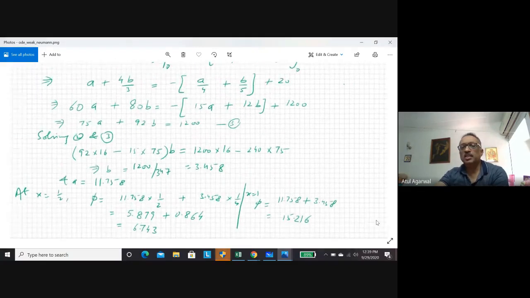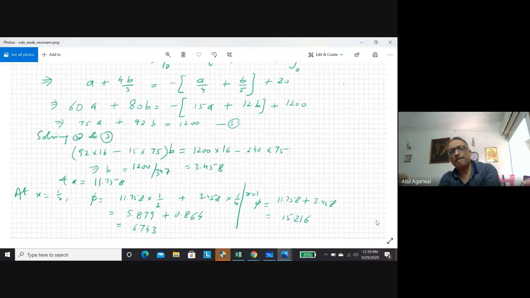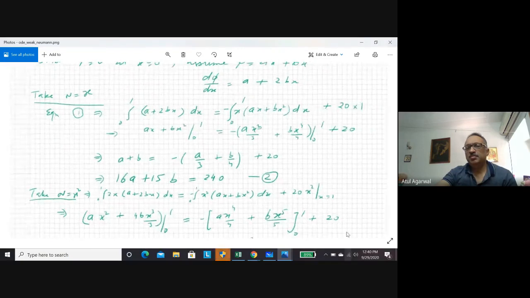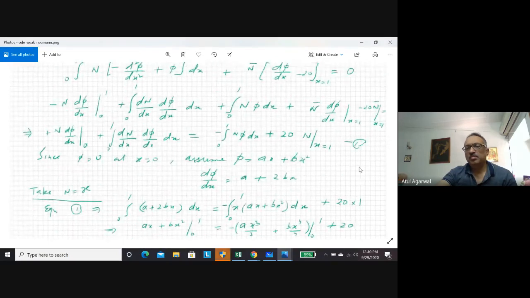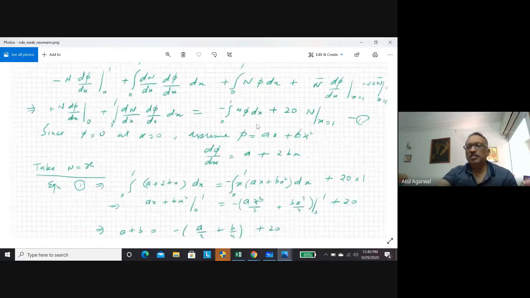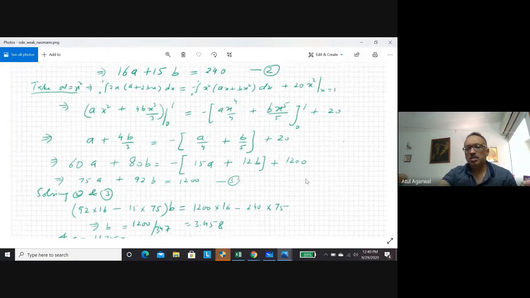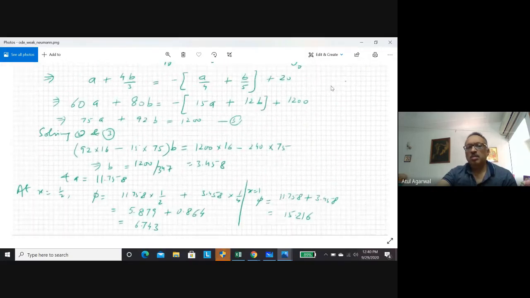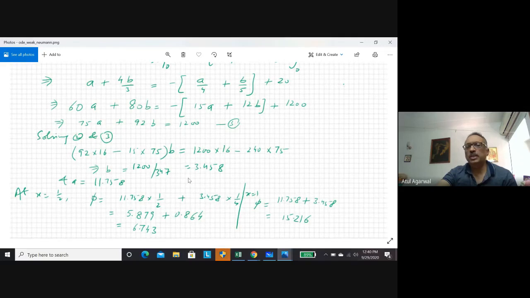So what we check in this equation is the value of the derivative at x is equal to 1. What is the value of the derivative? a plus 2bx. So we get a plus 2b.